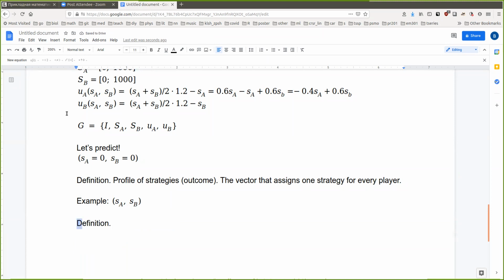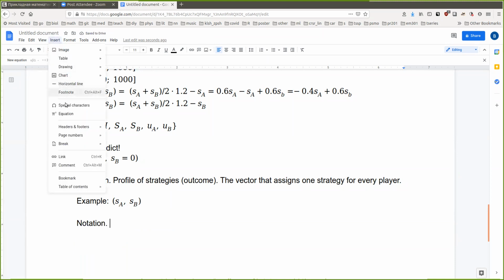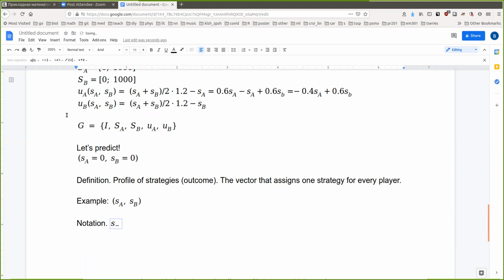Maybe it's better to write notation. I will write by S with index minus A, I will denote the strategies of all other players except player A. Okay, S minus A is a vector of strategies of all players except player A. Because when I have 20 players and I fix the strategy of the second player, it will be convenient to write something like S minus 2.